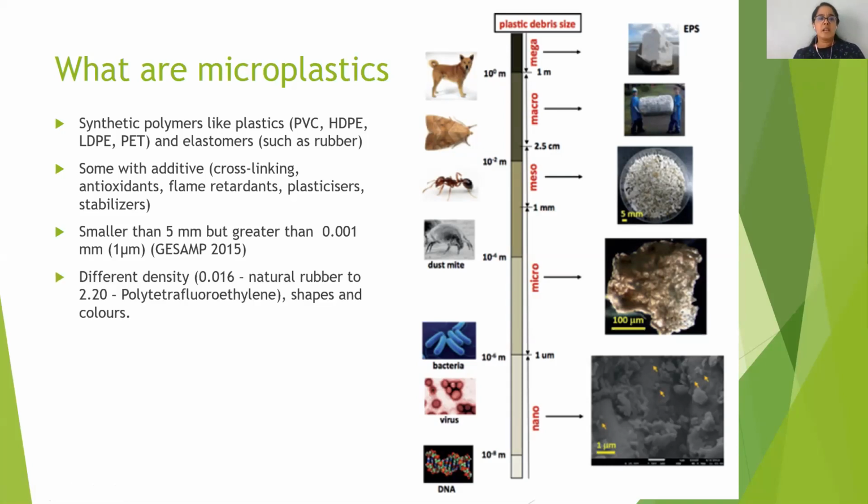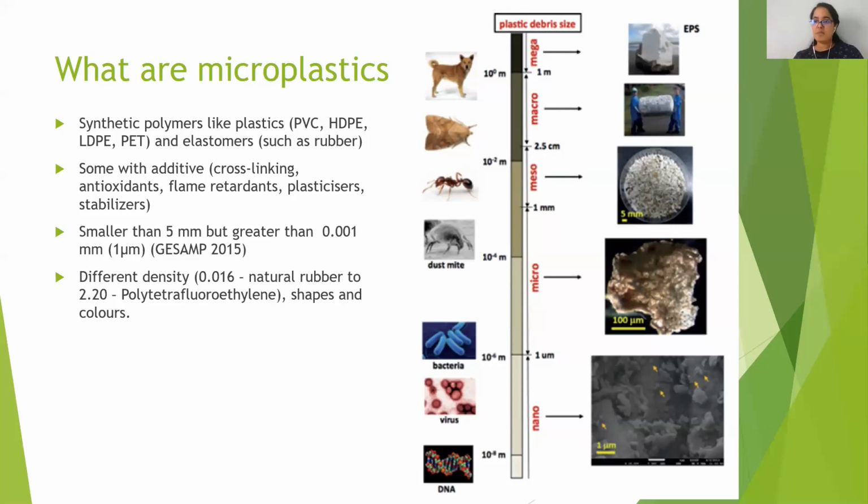And then plastics themselves have different densities. You've got a really, really light plastic, with a density of 0.06, which is natural rubbers. And then you've got a density of 2.2, which is polytetrafluoroethylene, which they use to coat pans, also known as Teflon.